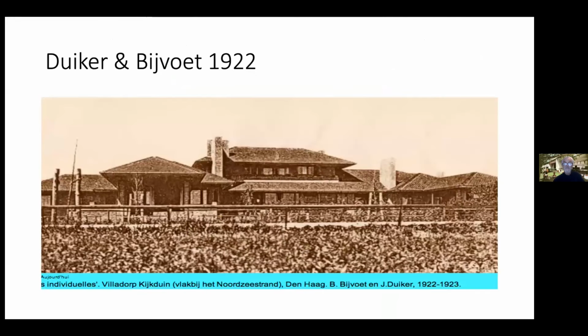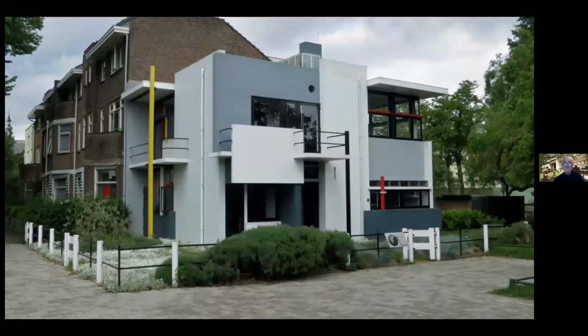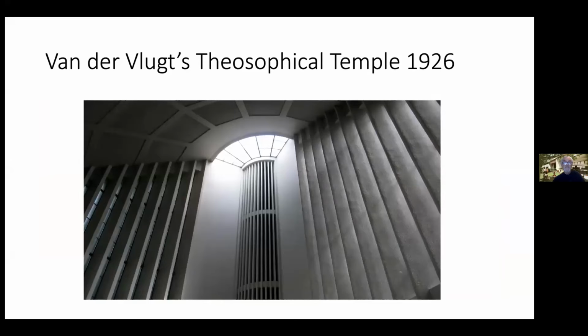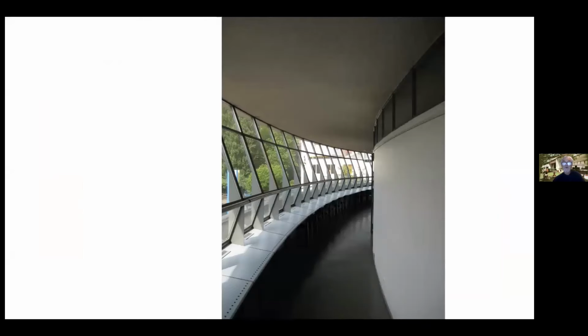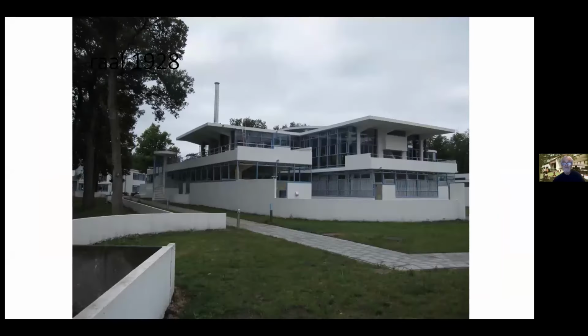Duiker and Bijvoet's Kaidoon project, where you can see the Wright influence. The famous Rietveld house and the Van der Vlugt Theosophical Temple in Amsterdam, all showing the impact of Wright.